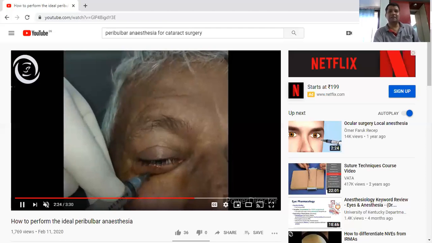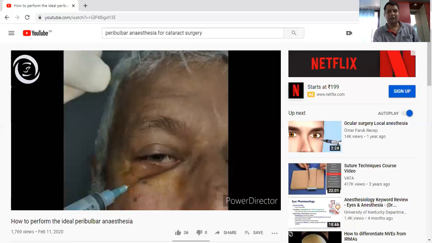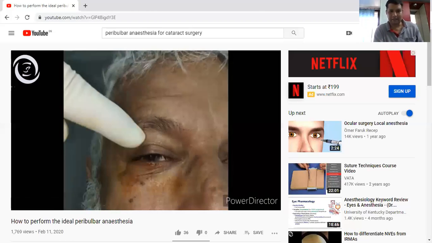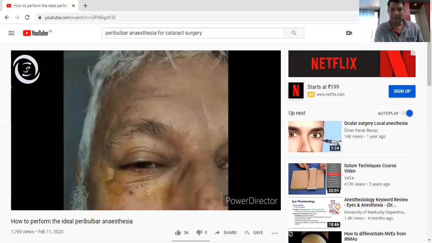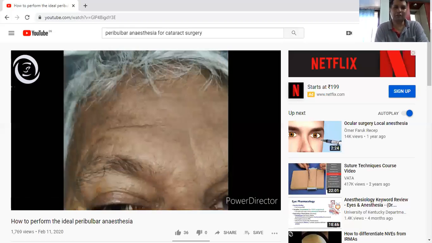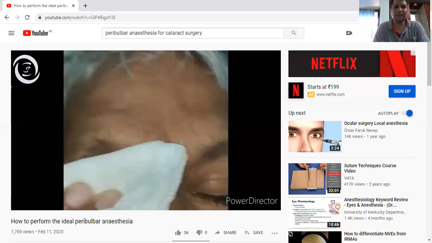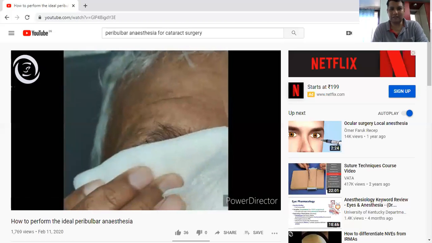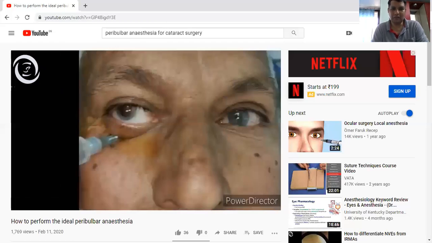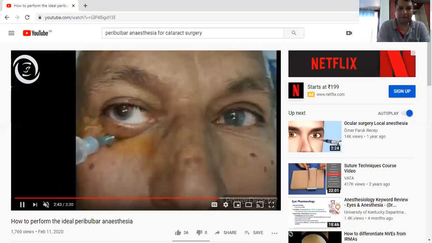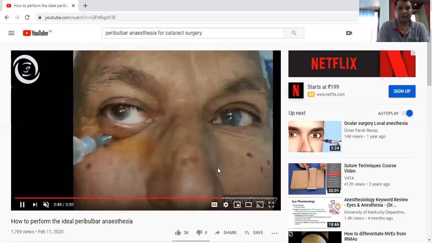After this injection, we ask the patient to close the eyes, and then we try to spread that drug with the help of a gauze piece. We can give gentle orbital massage also at this stage. Just ask the patient to close the eyes and we spread it.